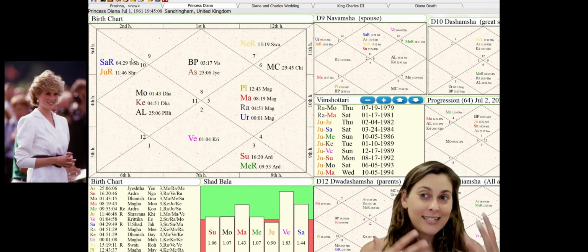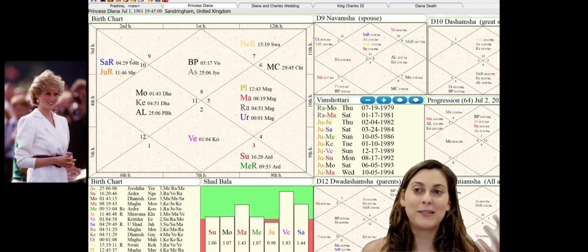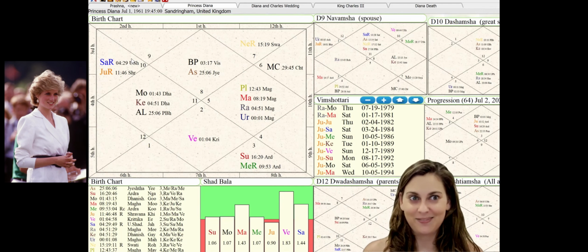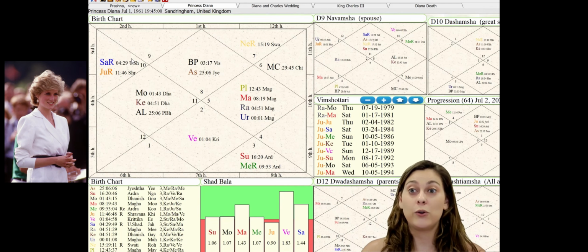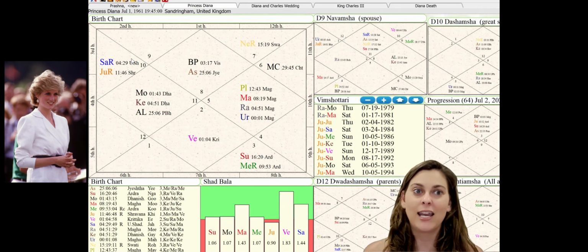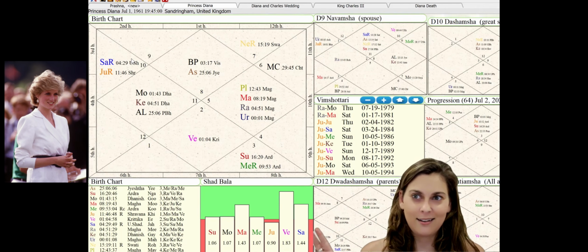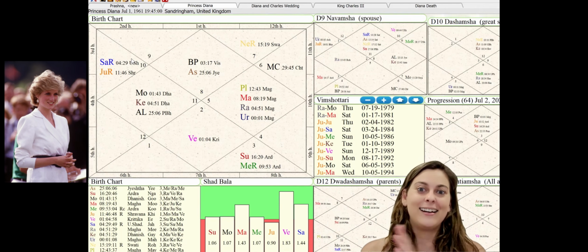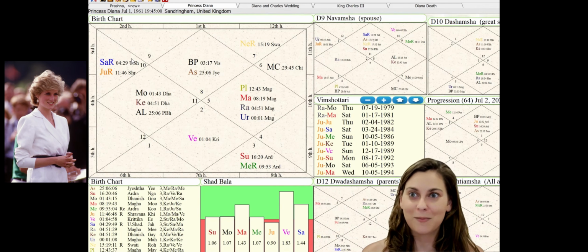In mundane astrology, Jupiter is debilitated in Cancer. But they say when it goes retrograde, which it is, in a debilitated sign, it's no longer debilitated. It acts exalted.